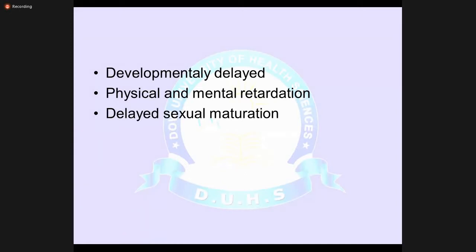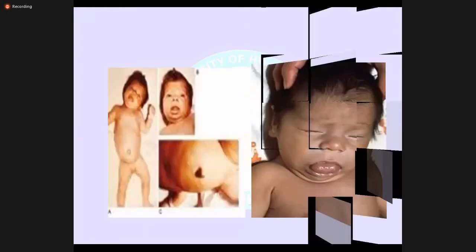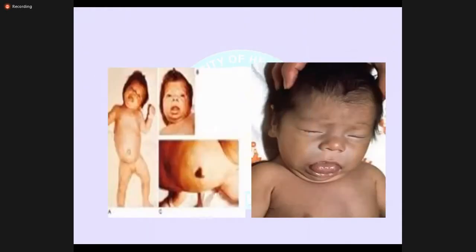So after knowing the signs and symptoms of hypothyroidism in neonates and the signs and symptoms of hypothyroidism in an infant and child, now there are certain photographs for you. In this photograph, what you can see is a child with an enlarged tongue, and you see the lethargic appearance on the face.